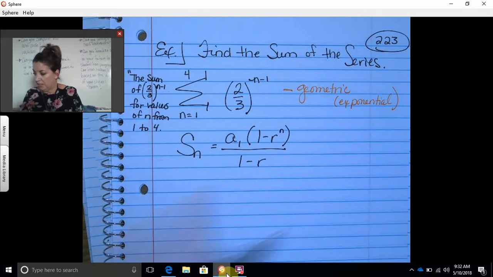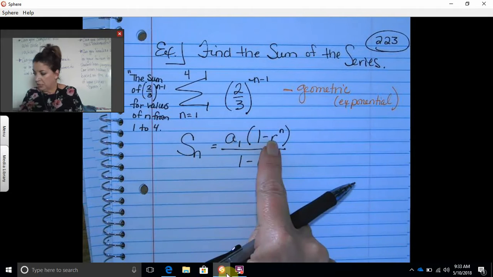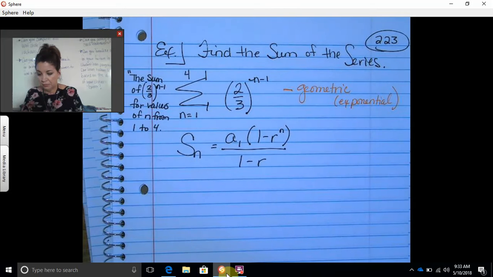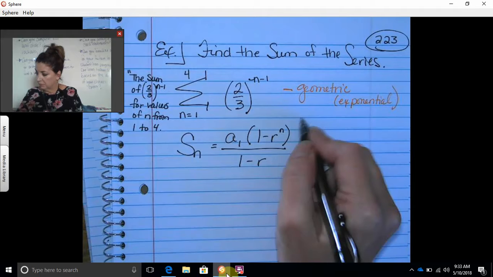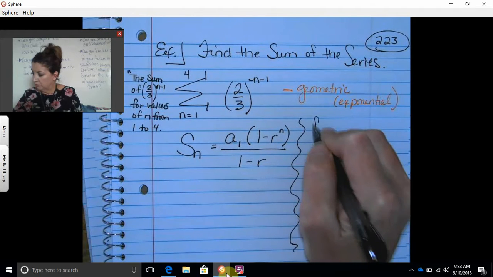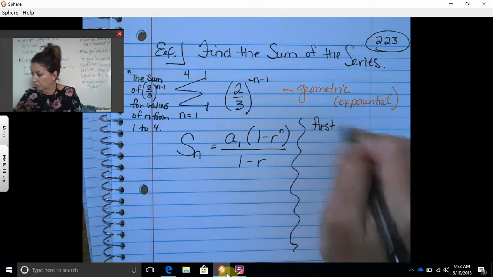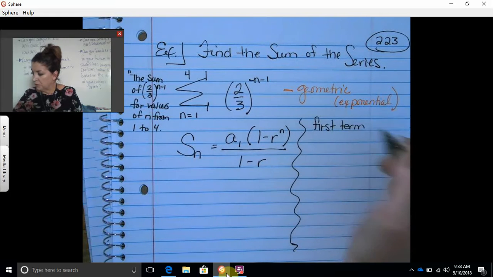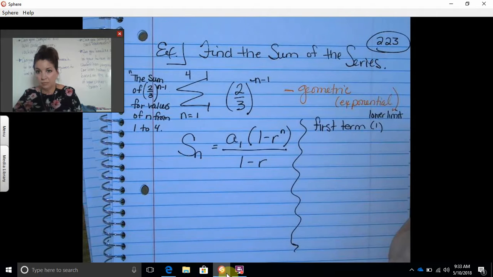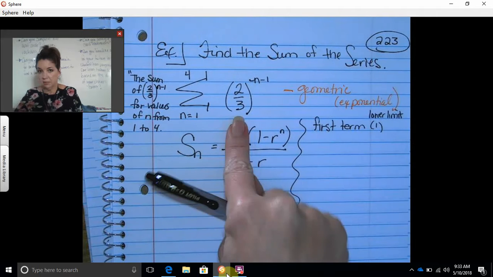We know we need to find the first term, the common ratio, and how many terms are in the series. So let's find the first term. To find the first term, we substitute in the lower limit, which is 1, right? Into our explicit formula.